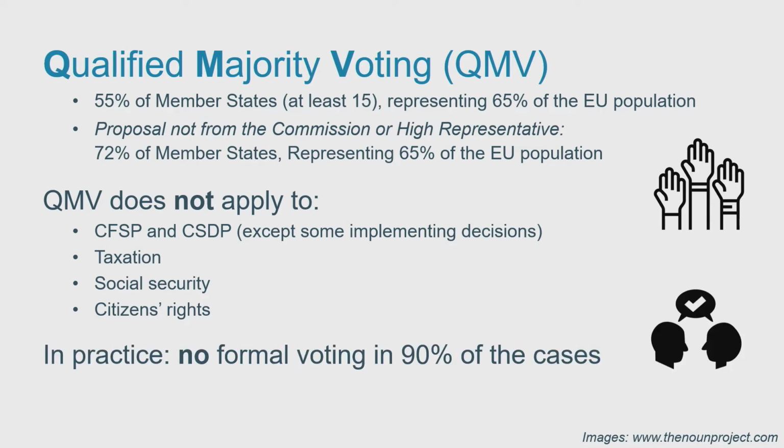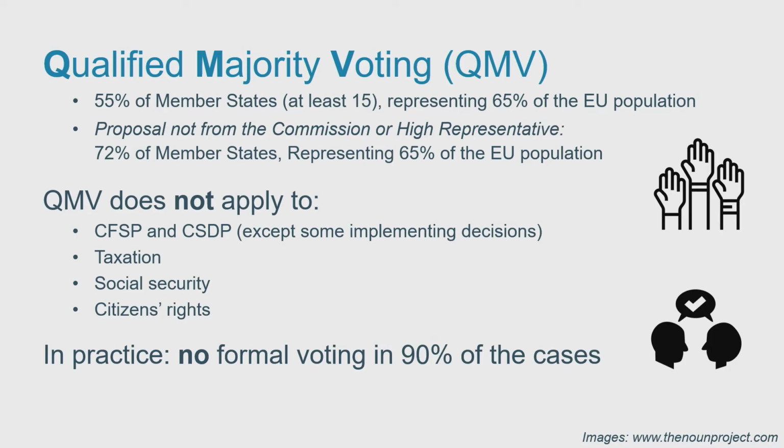Although the treaties allow for QMV on a broad range of issues, de facto, the Council of the European Union only calls for a formal vote in roughly 10% of its decisions. The rest is decided by consensus, without formal voting.